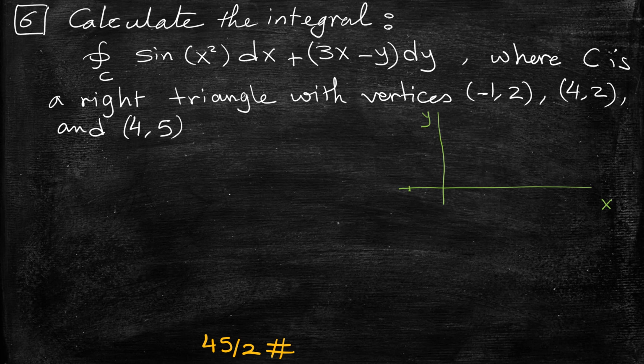We have a point (-1, 2), and then another point at 4 and 2, and another point (4, 5). And then this is our triangle, which is the right triangle as mentioned.